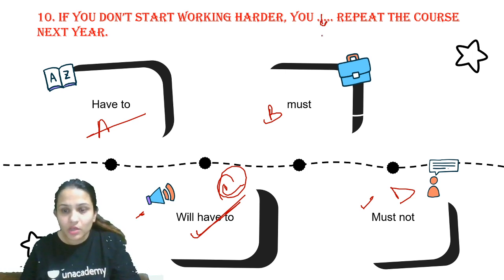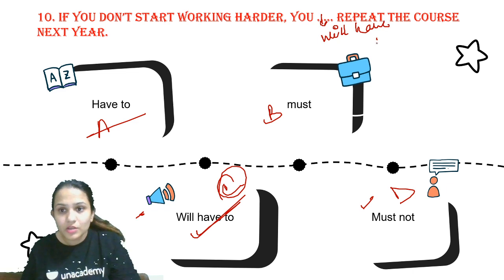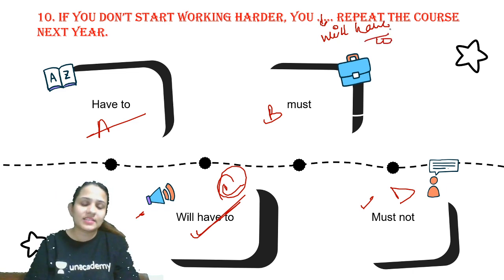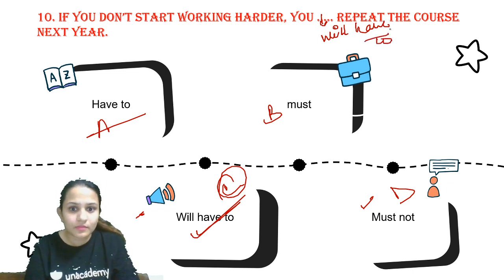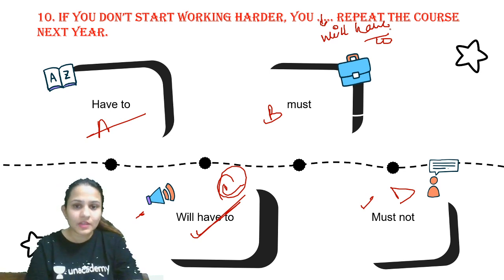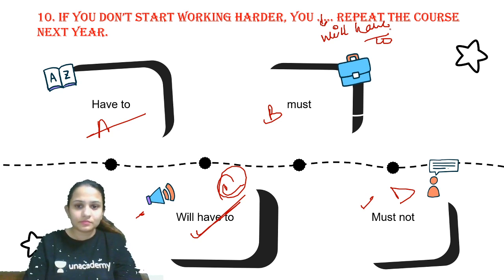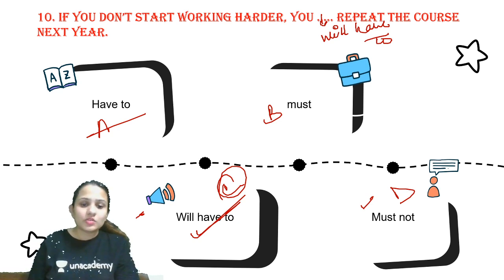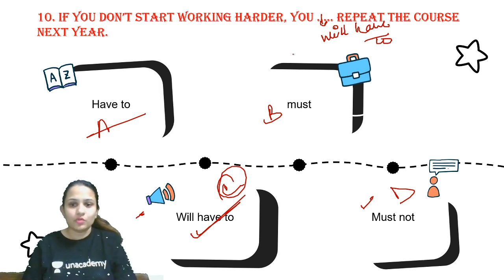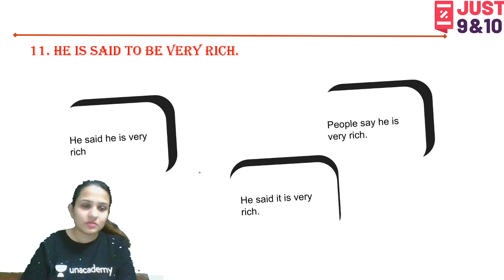And because we are talking about future, we use will have to. That is why we use will have to. Then, have to is for obligation or compulsion.